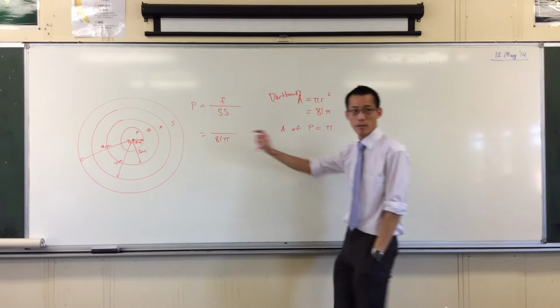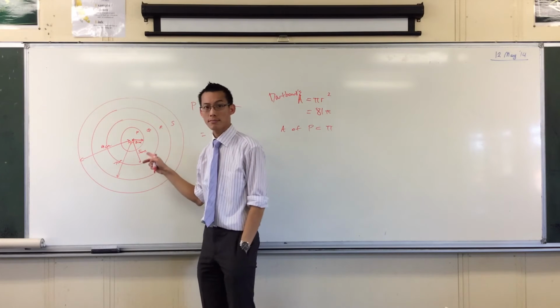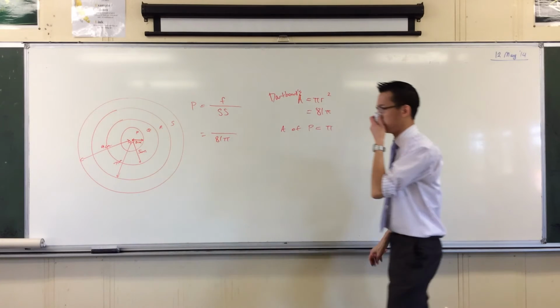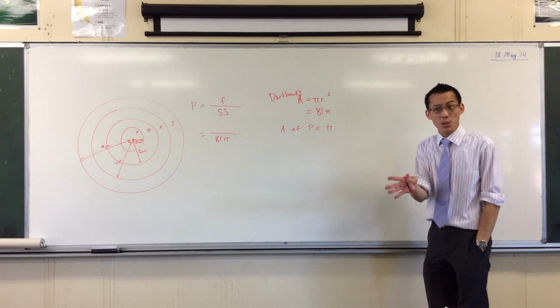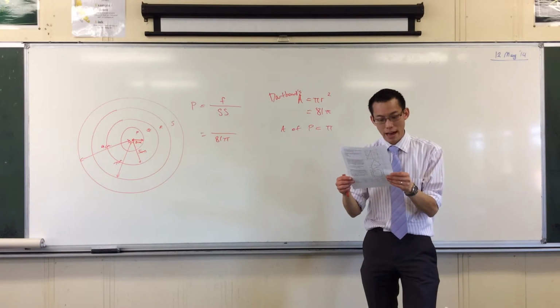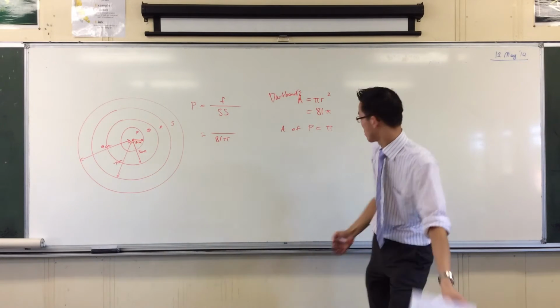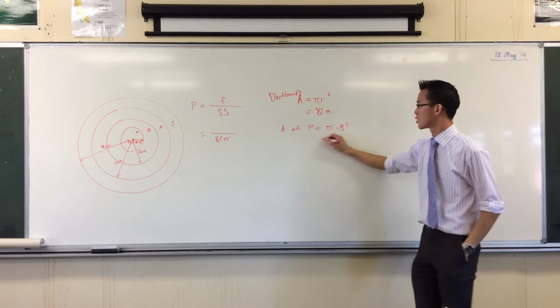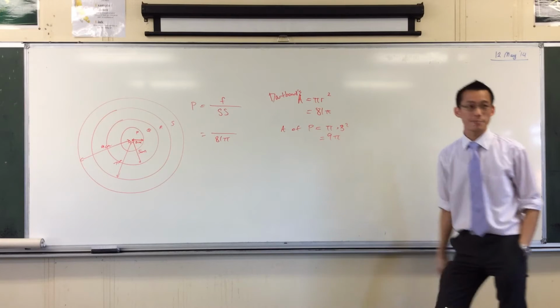Pi times, what will the radius of the small circle be? They gave it to us right at the beginning. It says the inner circle has radius 3 centimeters. 3 squared is 9, so I've got 9 pi.